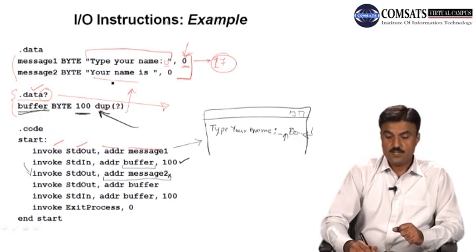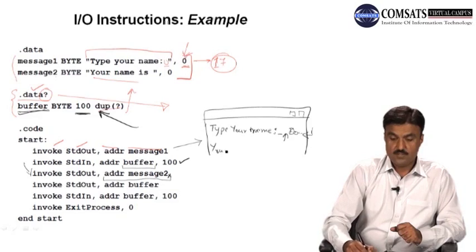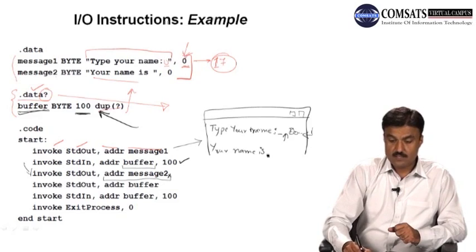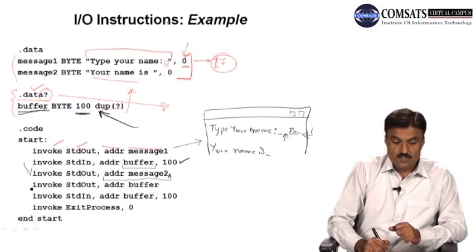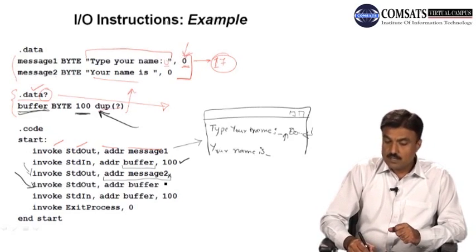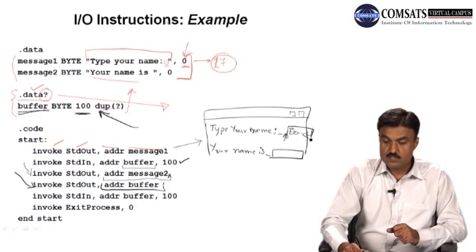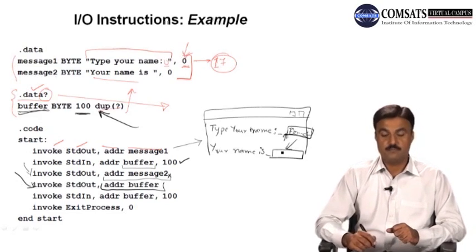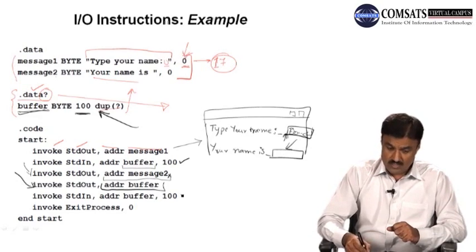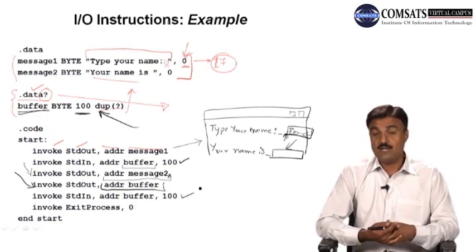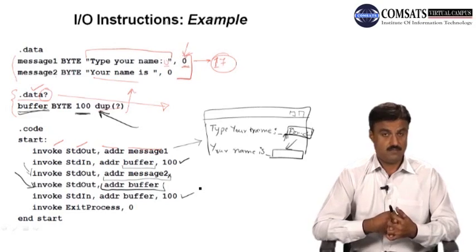Message 2 is, for example, your name is, and then there is a space. The next instruction is also printing. What we are going to print is whatever you typed through your keyboard. It will be displayed in the same manner at this point. And then the next is also stdin to receive input.